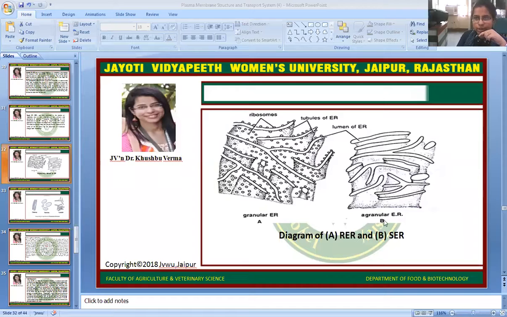On the other side, you can see the SER, smooth endoplasmic reticulum. They will not have any kind of ribosomes. So they are structurally different from each other. They have different functions. The RER helps in the production and packaging of proteins. The SER helps in the production of lipids and steroids.